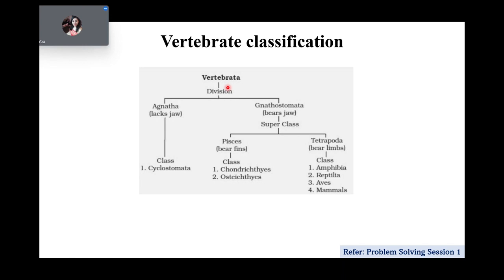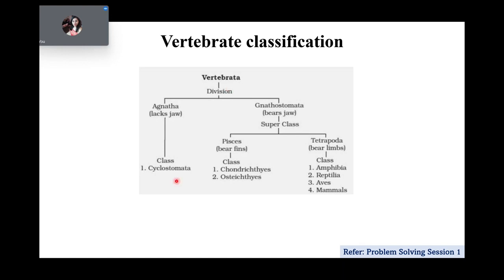The Gnathostomata, which bear jaws, can again be divided on the basis of limbs or fins, and this division is called superclass, which is Pisces and Tetrapoda. Pisces are the fishes, and these bear fins.